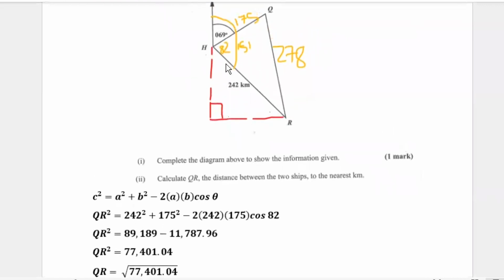So the first thing we realize is that we can calculate the angle here, and that would be 180 minus, because I realize this is a straight line. Remember, angle on a straight line adds up to 180 degrees. So this would be 180 minus the two known angles, which is 69 plus 82.